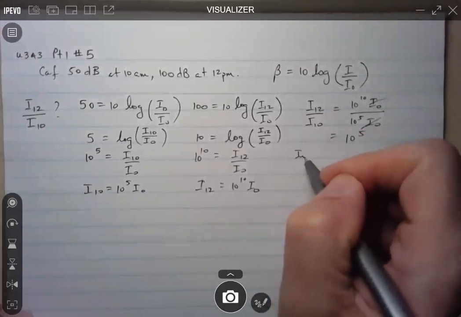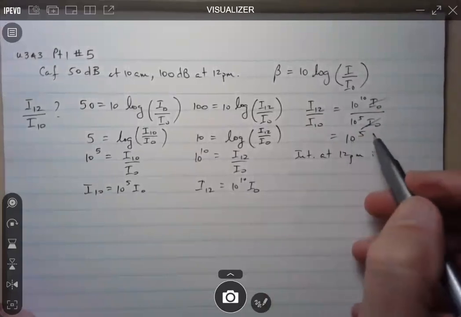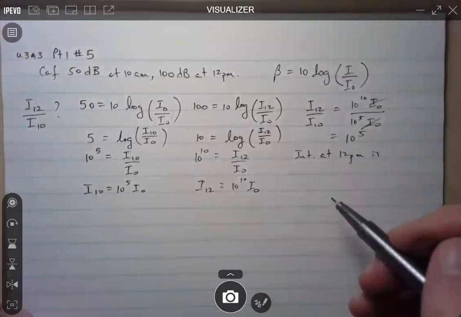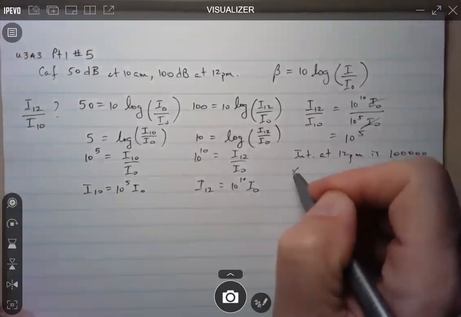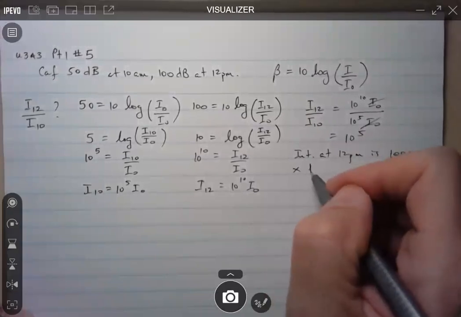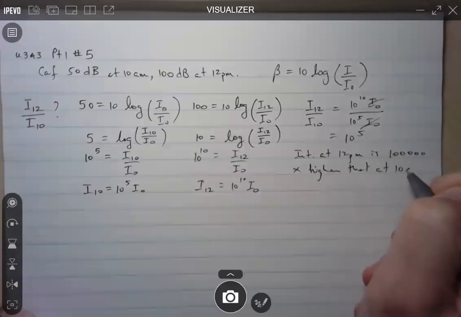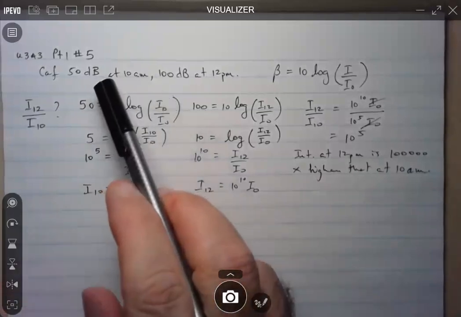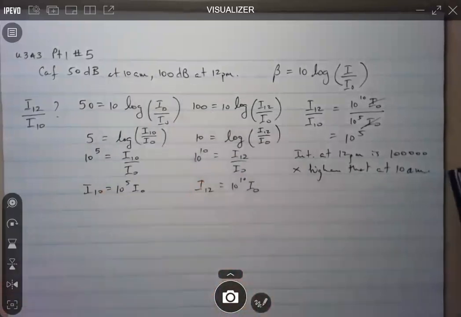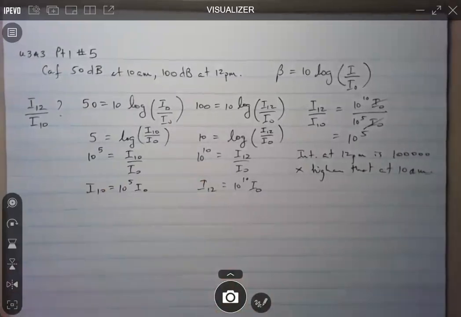the intensity at 12 noon is, since it's a big number but reasonable to write out, 10 to the 5 would be 100,000 times higher than at 10 a.m. Okay, so even though the decibel level is only doubling, in terms of the effect on the intensity of the sound, it's 100,000 times more intense than the sound at 10.